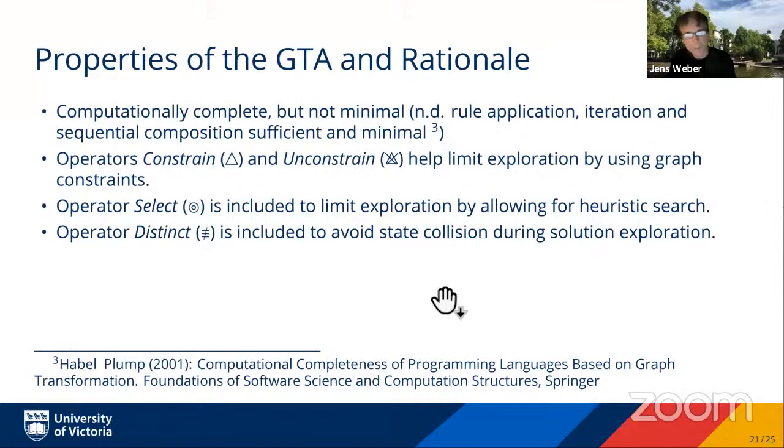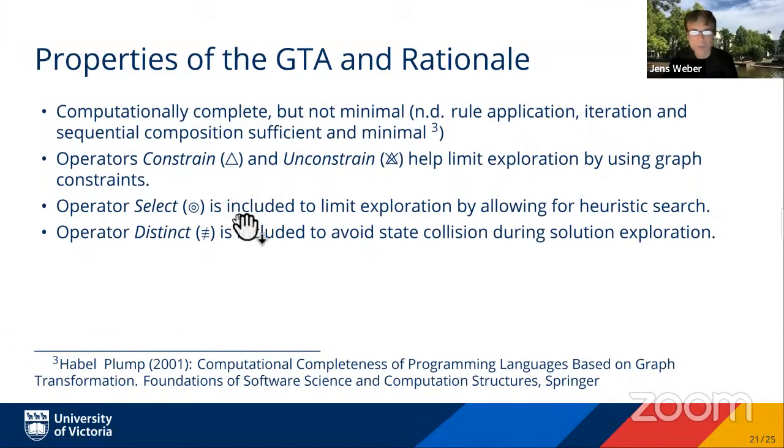So just before we go to the tool, some properties and rationale for these operators. They are computationally complete, but not minimal. There are a few operators such as constrain and unconstrain that help limit the exploration of graph programs.